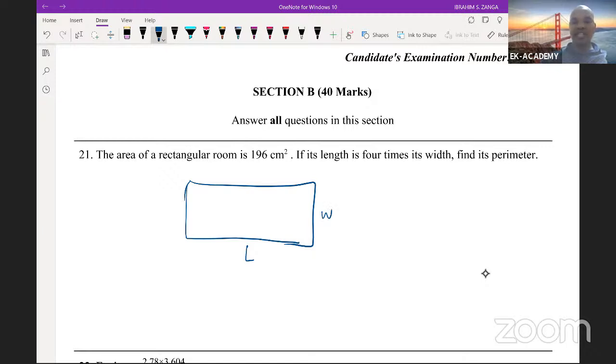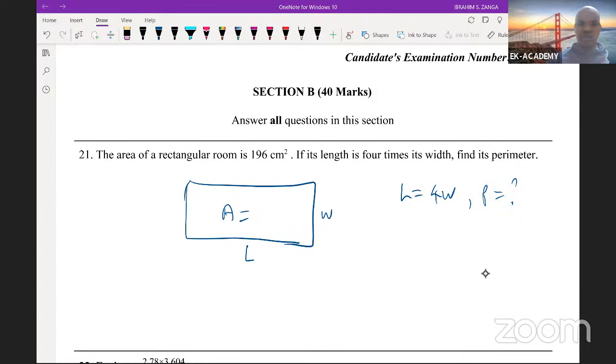So this is width, but we were given that length is 4 width. And we were given area. Area is 196 centimeter square. So we have to find perimeter equals to how much?